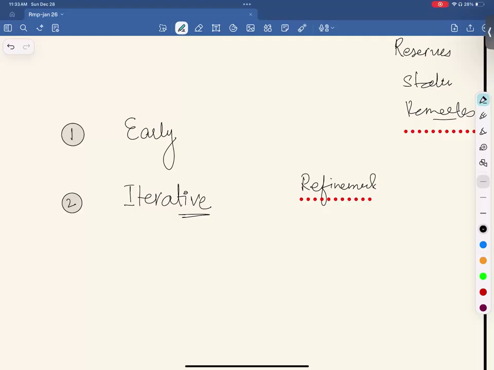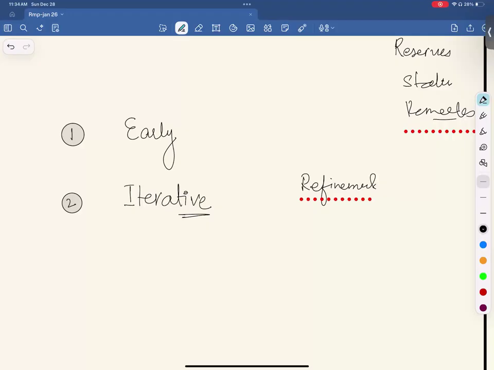Excuse me, sir. Does it also mean that once we have identified a risk, we put it in the risk register, and again we refine it with respect to some kind of impact or probability or risk category?